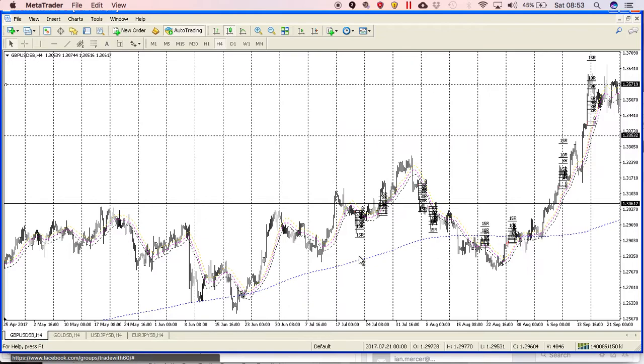That's really psychology, whether you can execute that. And the money management: is it going to get you your good average risk to reward over a long run?